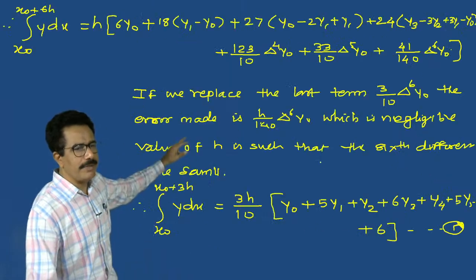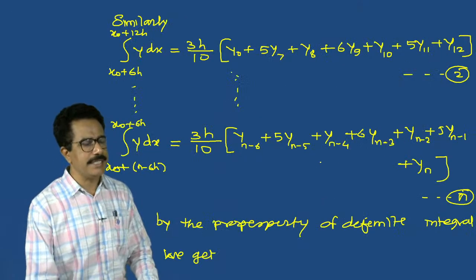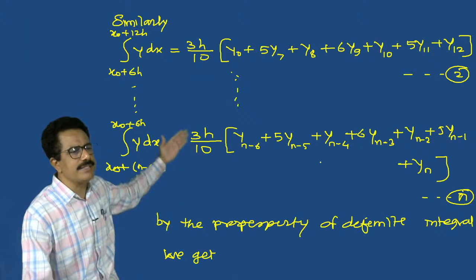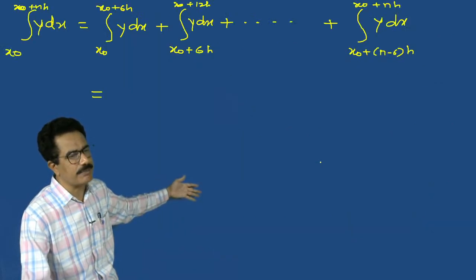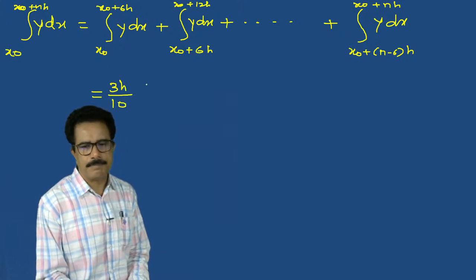So the first value is 3h by 10 as it is. Take the common out: first 3h by 10, second 3h by 10, third 3h by 10, nth 3h by 10. So you can take 3h by 10 as the common term.